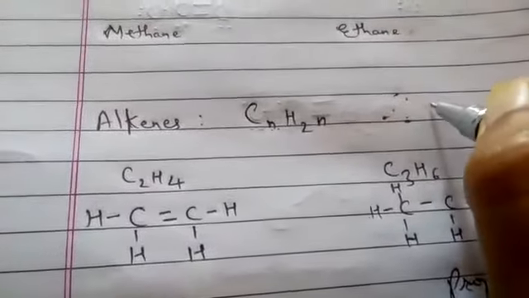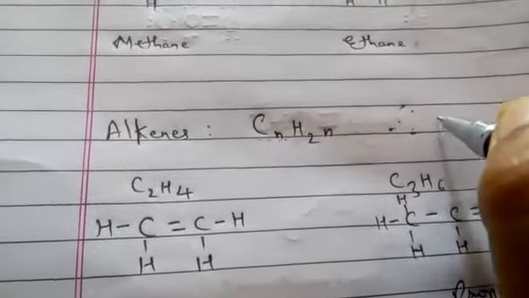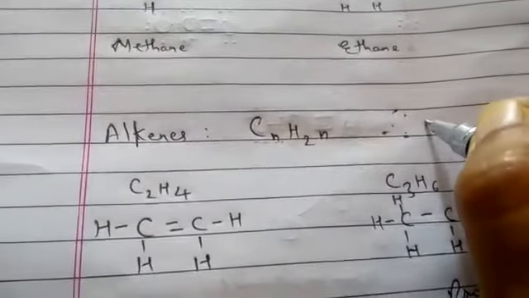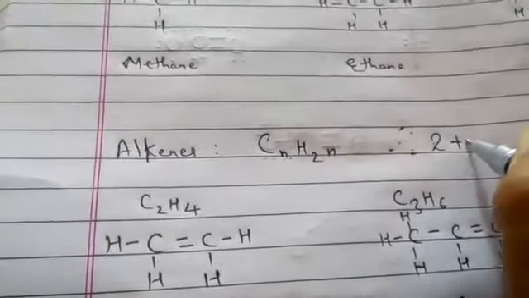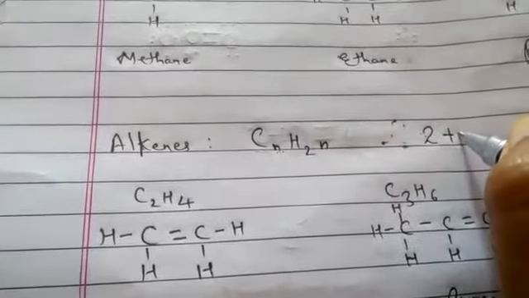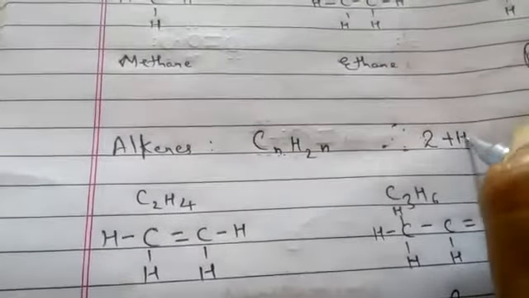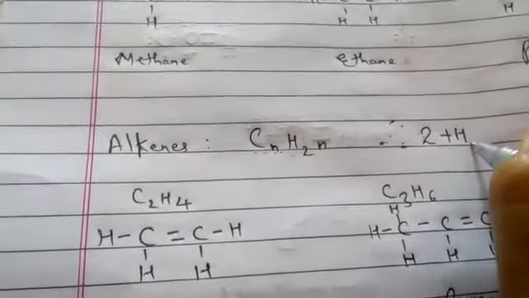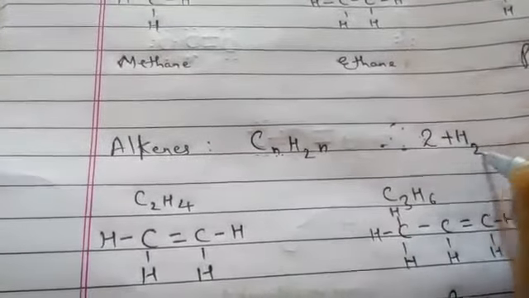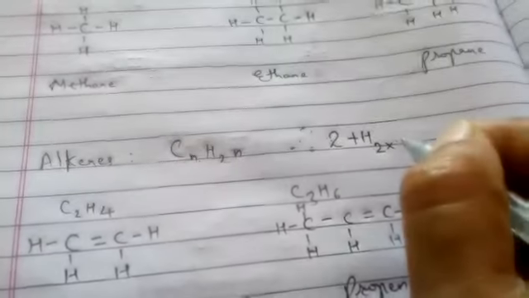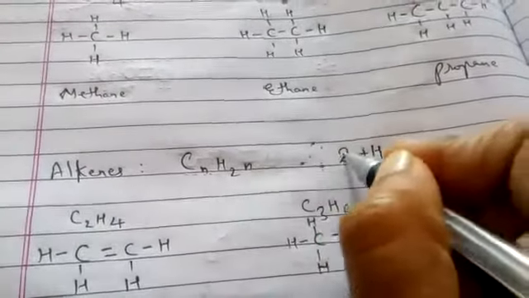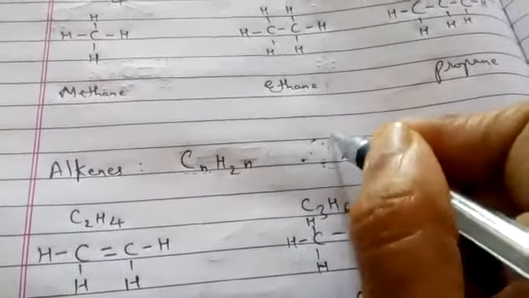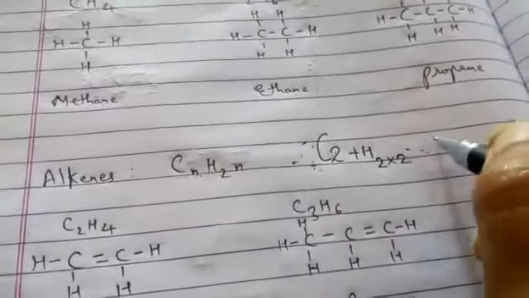If there are 2 carbon atoms, then 2 plus H, 2 into, as there are 2 carbon atoms, 2 into 2 is equal to 4, and then this one is going to be C2H4.